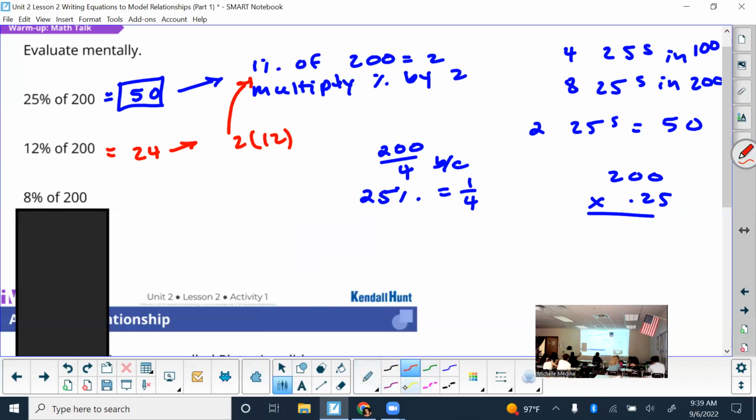All right, Amari. 16, and how did you find that? 2 times 8 is 16. Any other strategies? All right, last one.